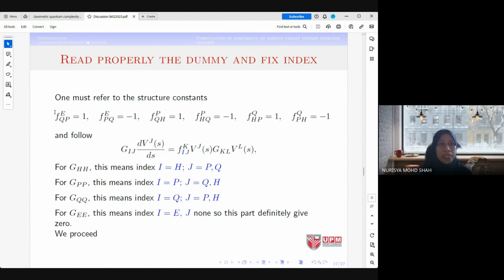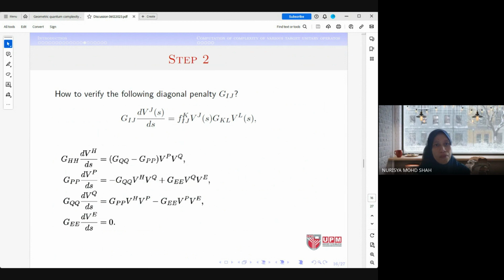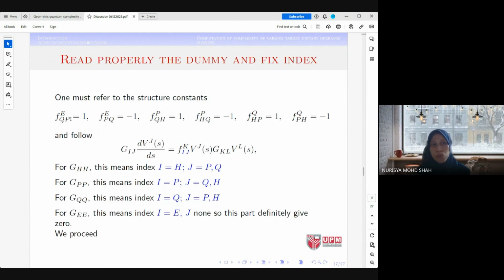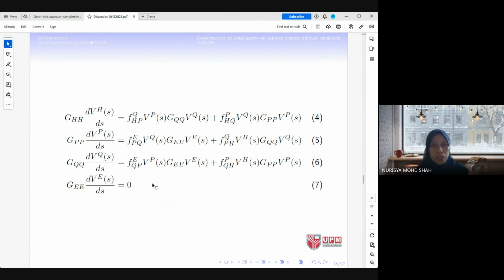So again, you refer to your Fijk here with respect to E, Q, P. And allow again your Euler-Arnold equations take this form. Okay, so if you fix I with respect to H, P, Q, and E, so your J can vary either P and Q or Q and H or P and H accordingly. But for the case of E, this means index I is E and J none. So this part definitely gives you 0. So you can proceed further.